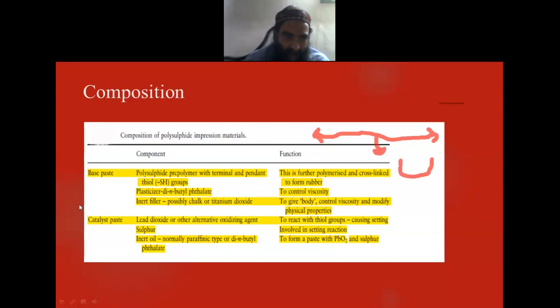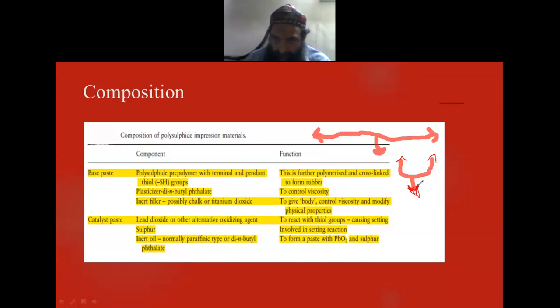These two ends are terminal ends, and if another group is present here like this, then it will be a pendant.